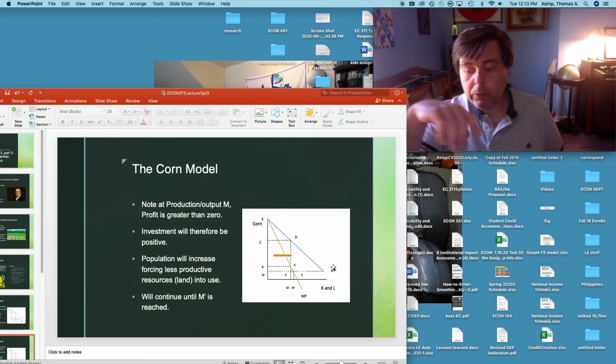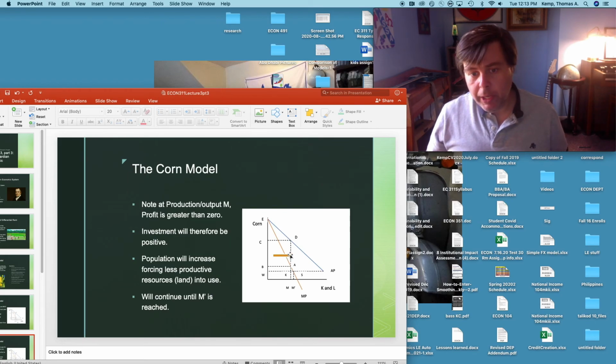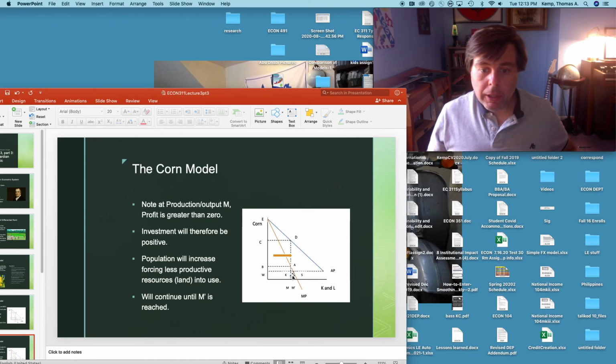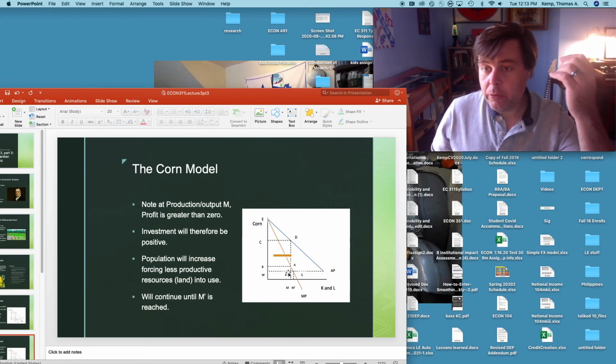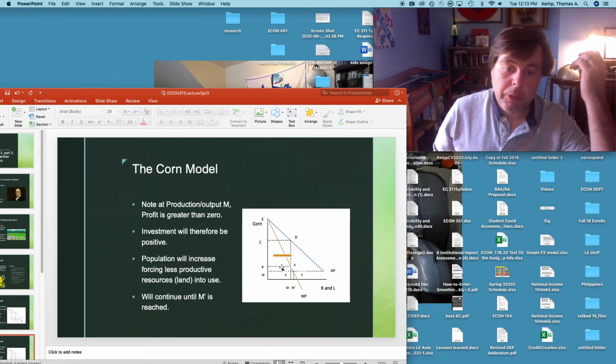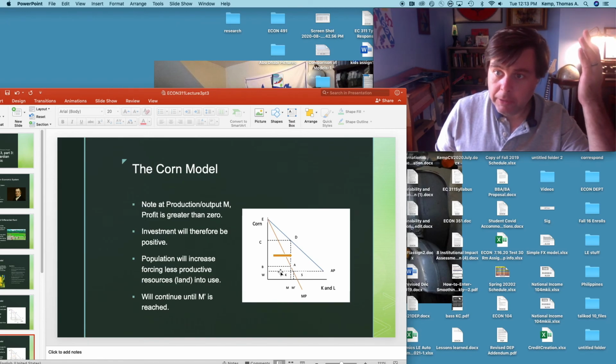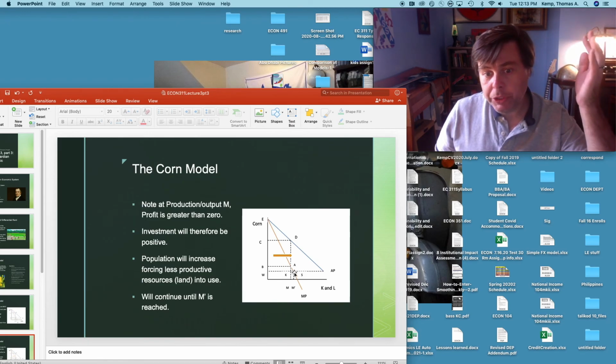Okay, so we have the arrow here. We can imagine that production is increasing between M and M prime, slowly, of course. And what do we know is going to happen? As we move towards M prime, assuming subsistence wages remain the same, the amount of profit as well as the rate of profit is going to decline, eventually reaching 0 as we get out to M prime.